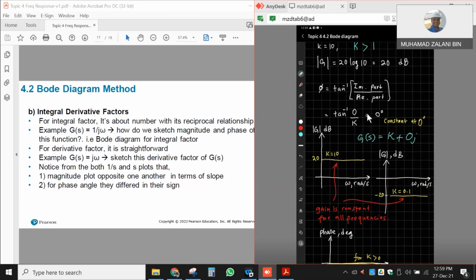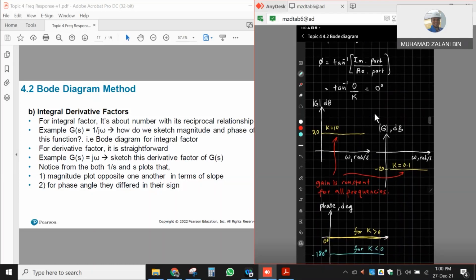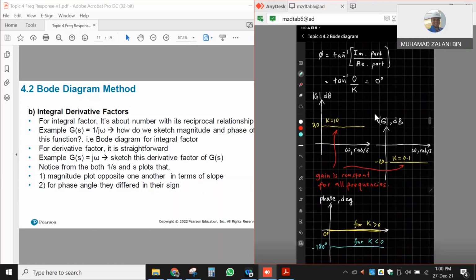Arctangent 0 is 0 degree, so we can expect the phase angle plot should be constant at 0 degree.